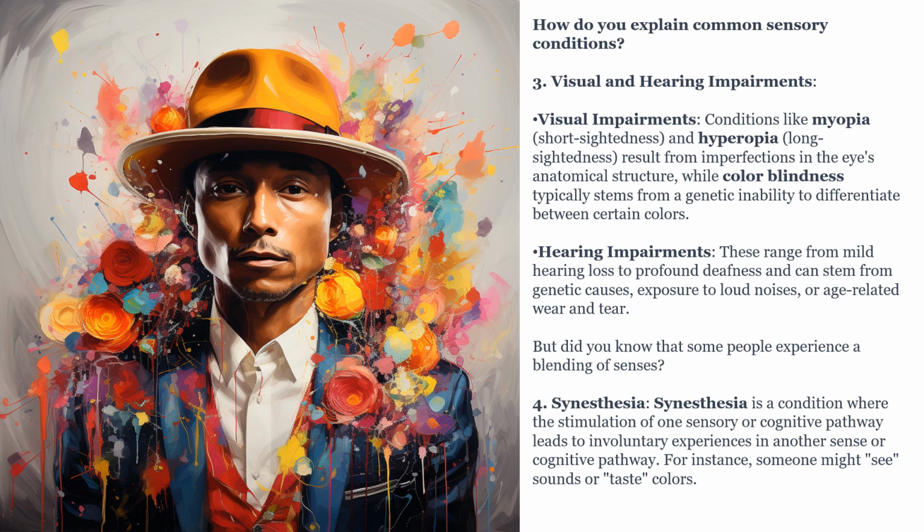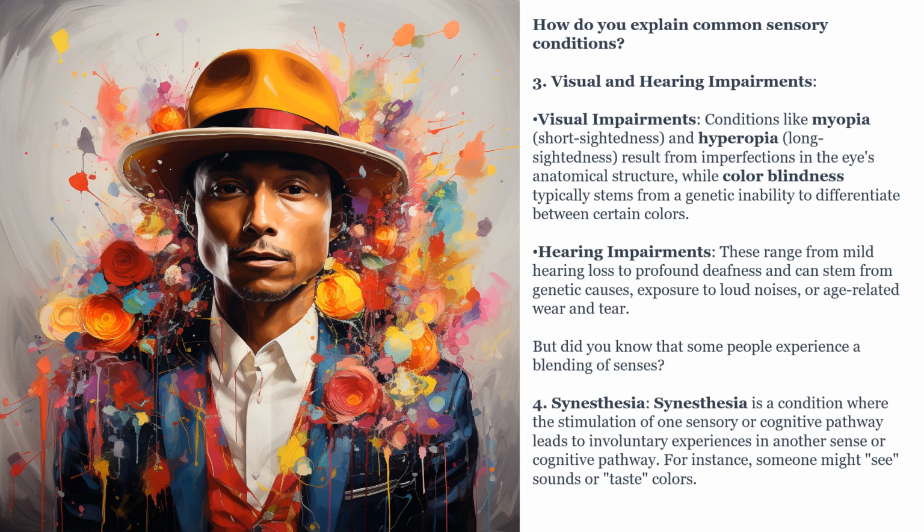Well, we have some visual and hearing impairments. Visual impairments, we have conditions like myopia, short-sightedness or nearsightedness, and hyperopia, long-sightedness, that result from imperfections in the eye's anatomical structure, while color blindness typically stems from a genetic inability to differentiate between certain colors.